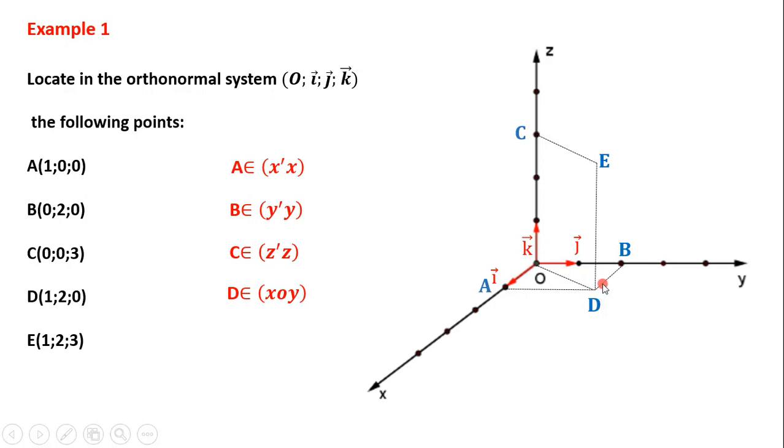These two orthogonal projections intersect at D. Then we make the elevation that is parallel to the elevation axis OZ, and from 3 on the Z axis we draw a line parallel to OD. So this elevation and this line intersect at a point. This point is E.